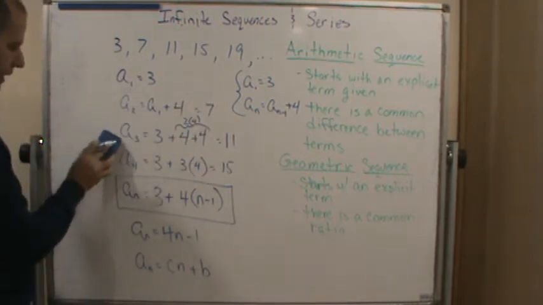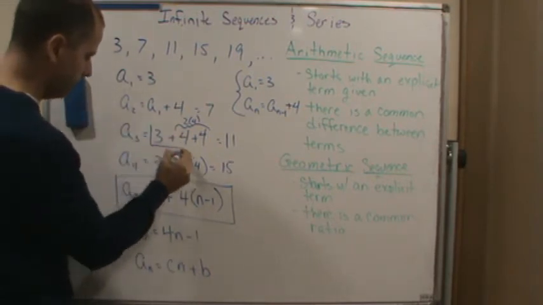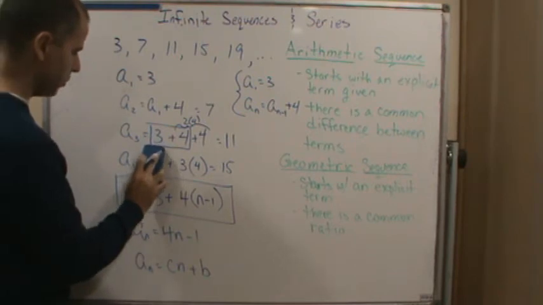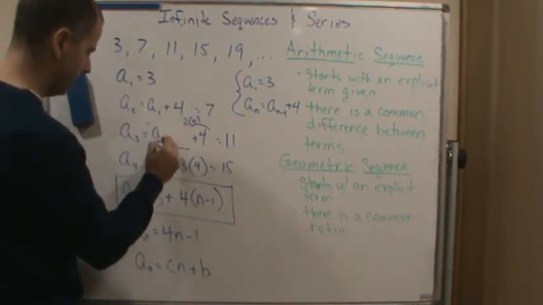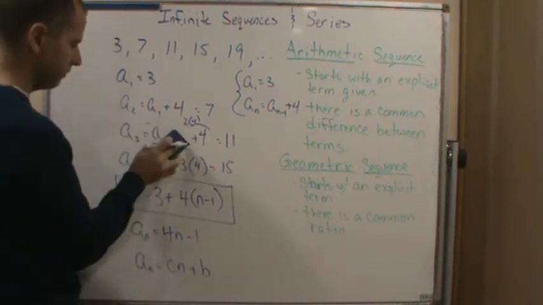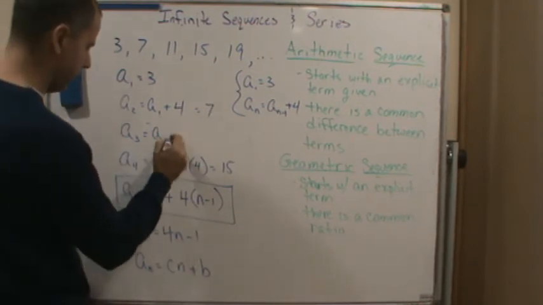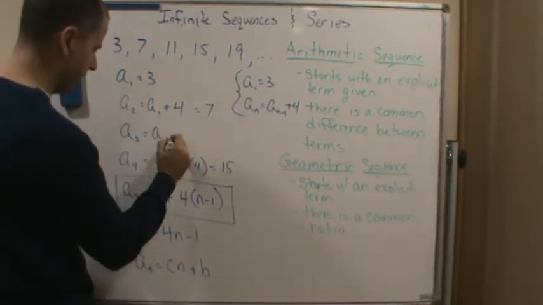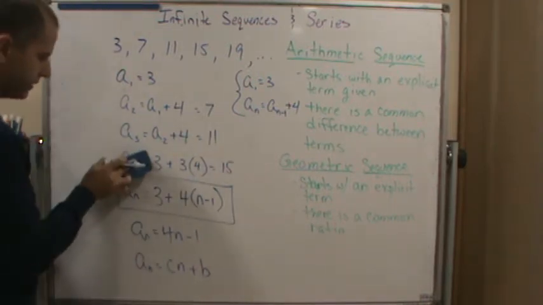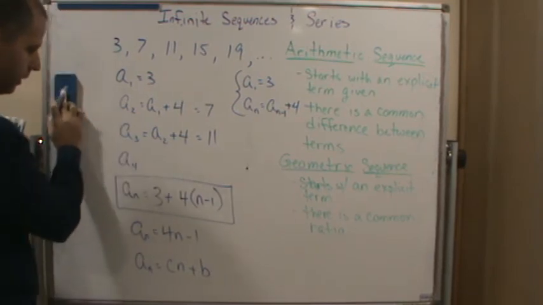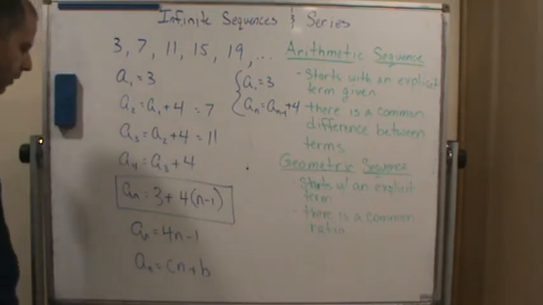And then I can define a sub 3. Well, if I put these two together, this gives me a sub 2, and then I just have to add 4. And then for a sub 4, all I have to do is take a sub 3 and add 4.